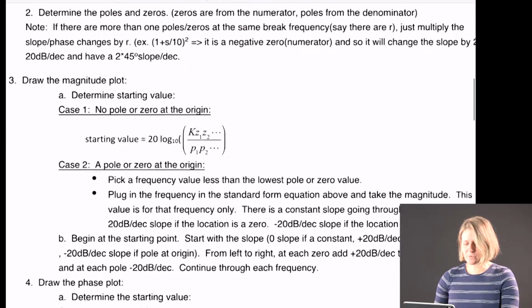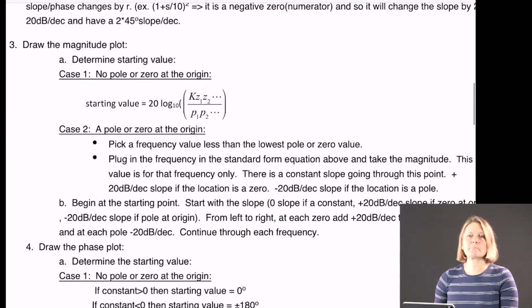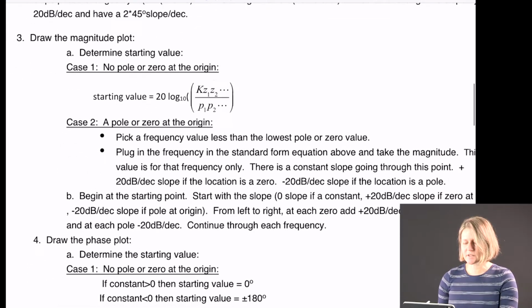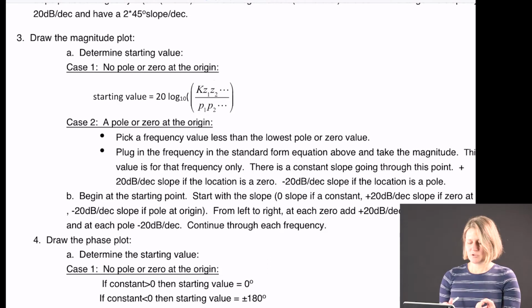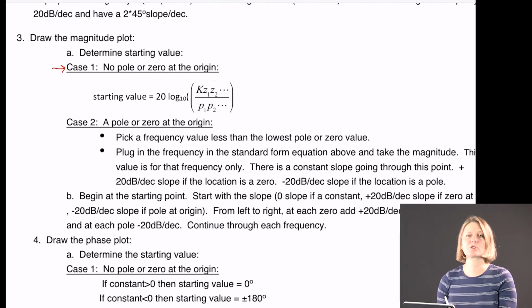The first step is to draw the magnitude plot. The magnitude plot has different cases, so you have to look at the equation itself and ask, which case do I have? The first case is that you have no poles or zeros at the origin.